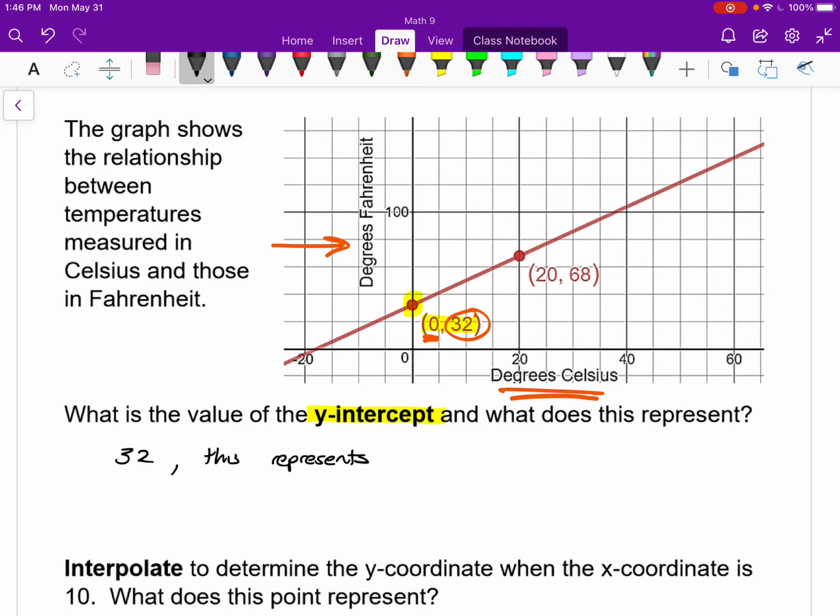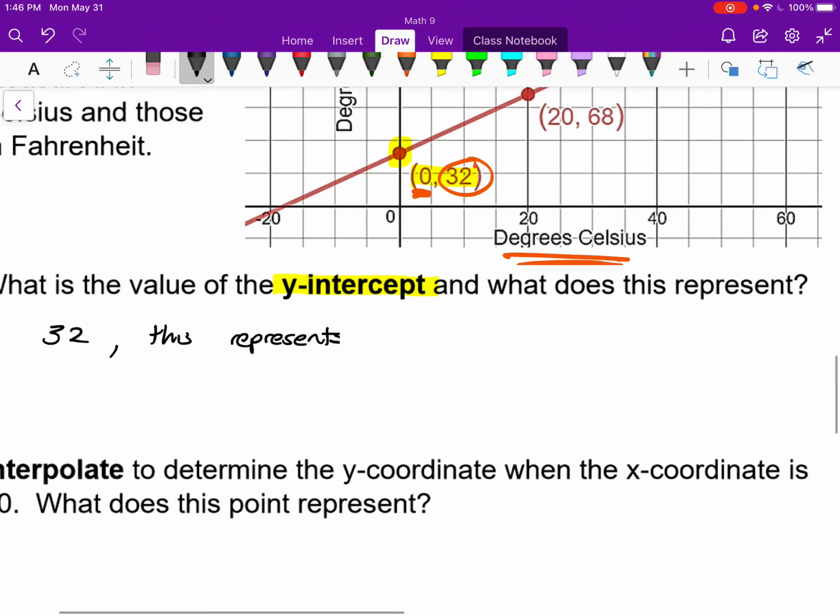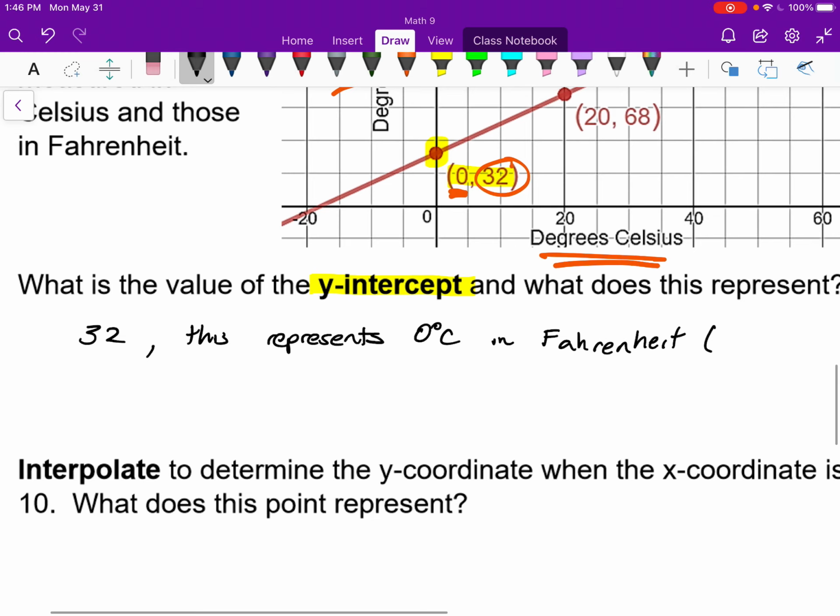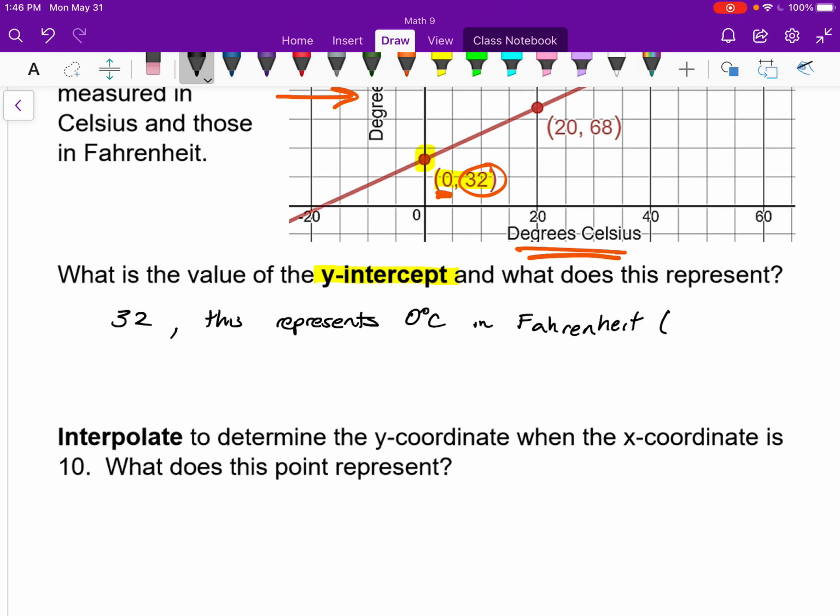So I'll say a few things. I'll say this represents 0 degrees Celsius in Fahrenheit. I'm going to try to spell Fahrenheit properly. But as well, more specifically, that's the freezing point of water.